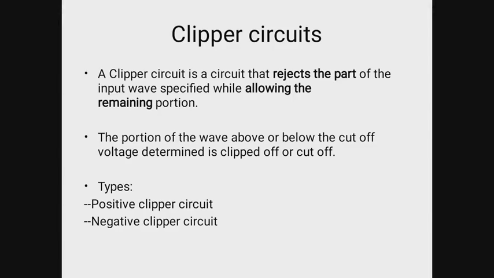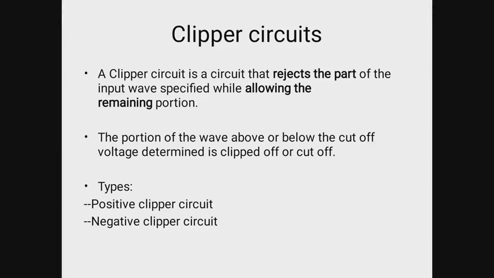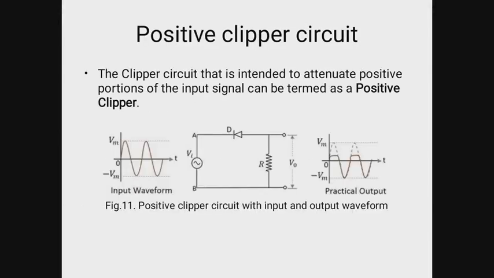Two kinds of clipper circuit are shown, like the clamper, which are basically the positive and negative clipper circuits. So this is the diagram of a positive clipper circuit. A positive clipper is a clipper circuit that is intended to attenuate the positive portions of the input signal.